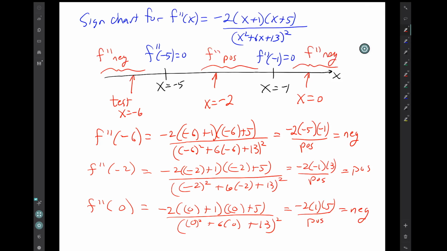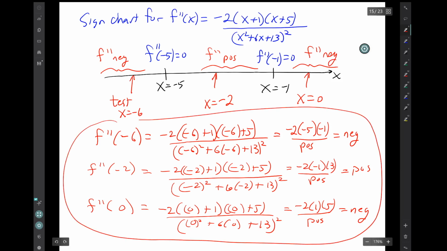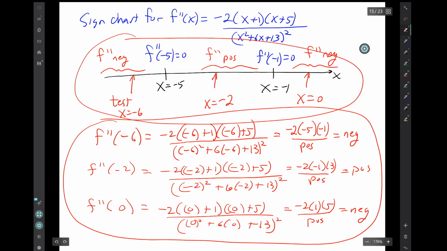So notice that we make our signs, and in each case we know that the denominator is positive, and so the sign calculations are actually not as bad as it looks. And so there's our sign chart for f double prime.